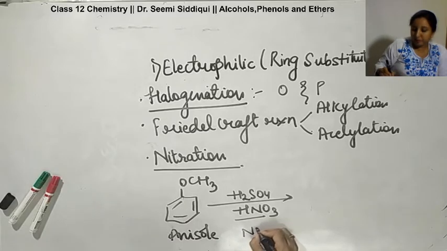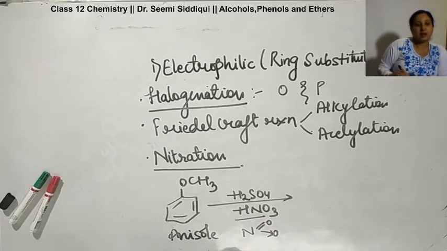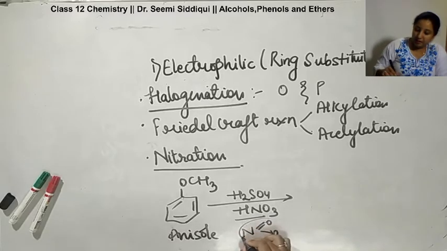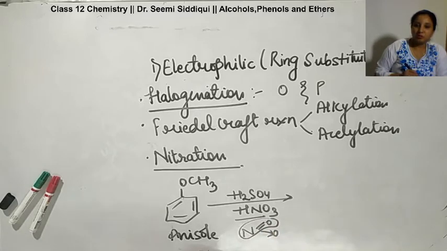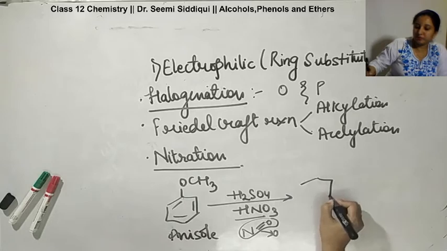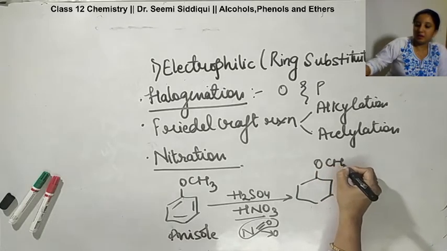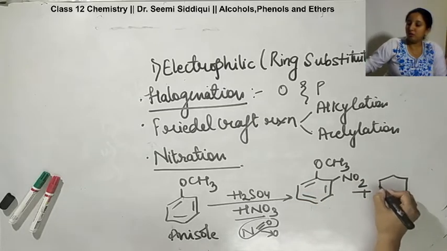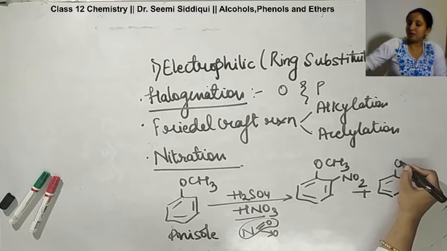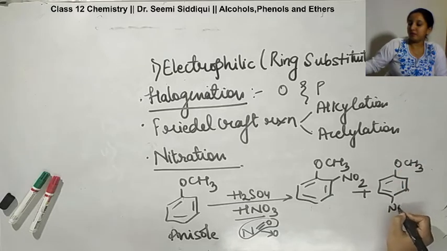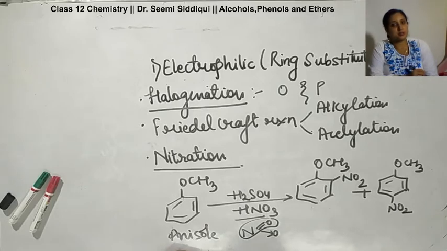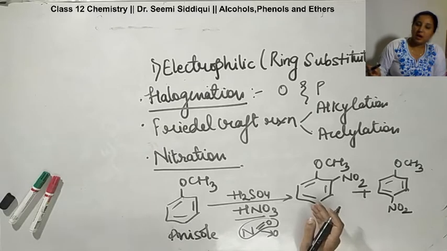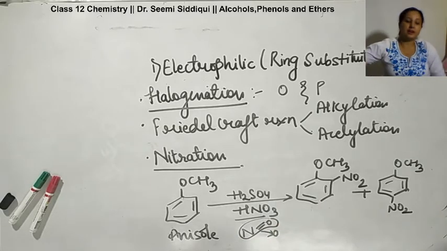So the NO2 comes and attaches at the ortho and para position. Okay, so what will it be? It will be 4-nitroanisole and 2-nitroanisole. This is the nitration reaction.